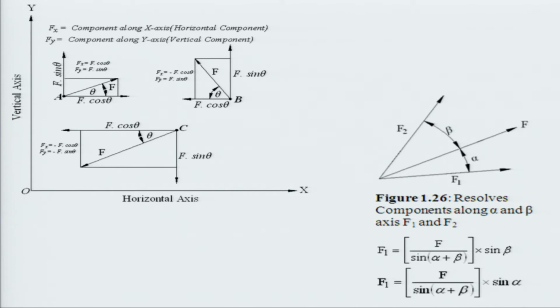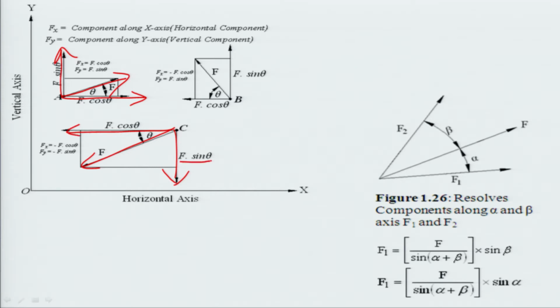If force F can be resolved into two parts, this horizontal part F cos theta and this F sin theta. This force F can be resolved in this direction and this direction. What will be the value?